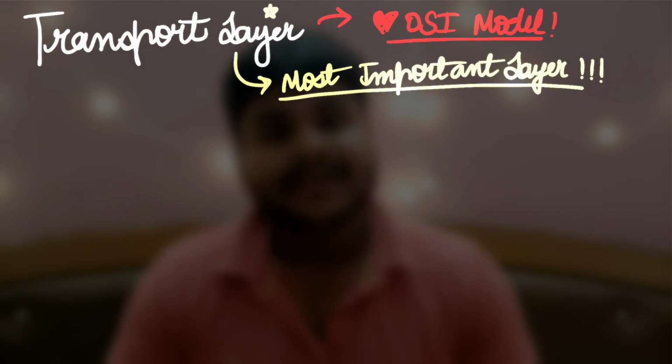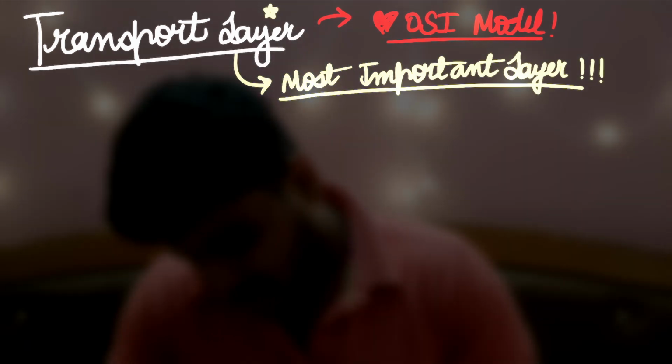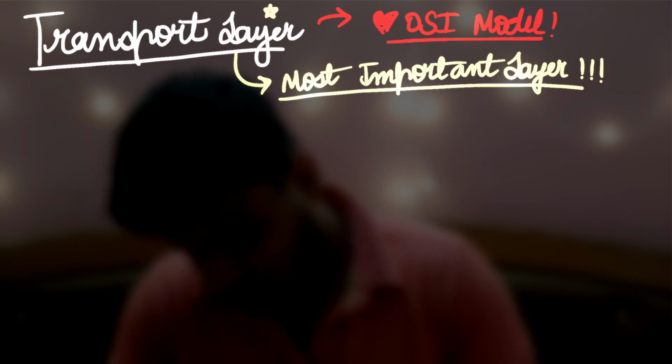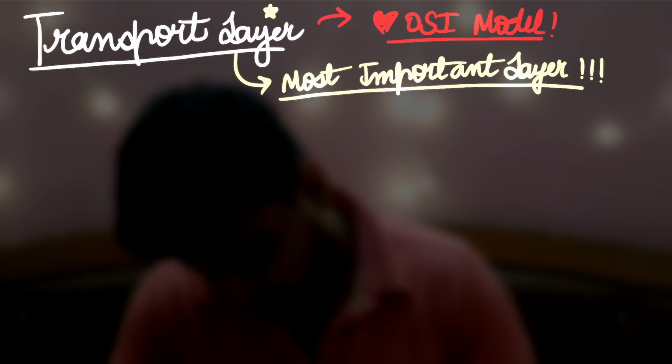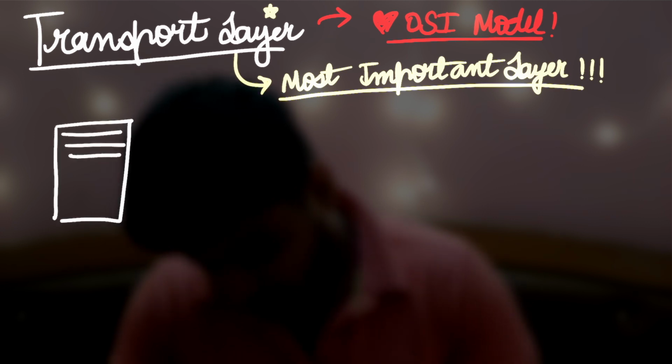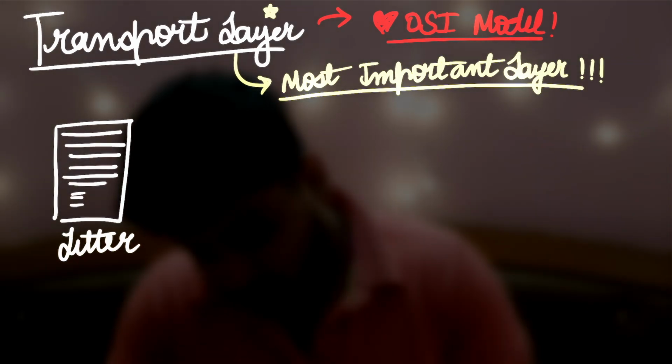Okay, to properly understand the transport layer, let us imagine something. Imagine you are sending a letter to a friend who lives in another city. You write a letter. What are you going to do next?